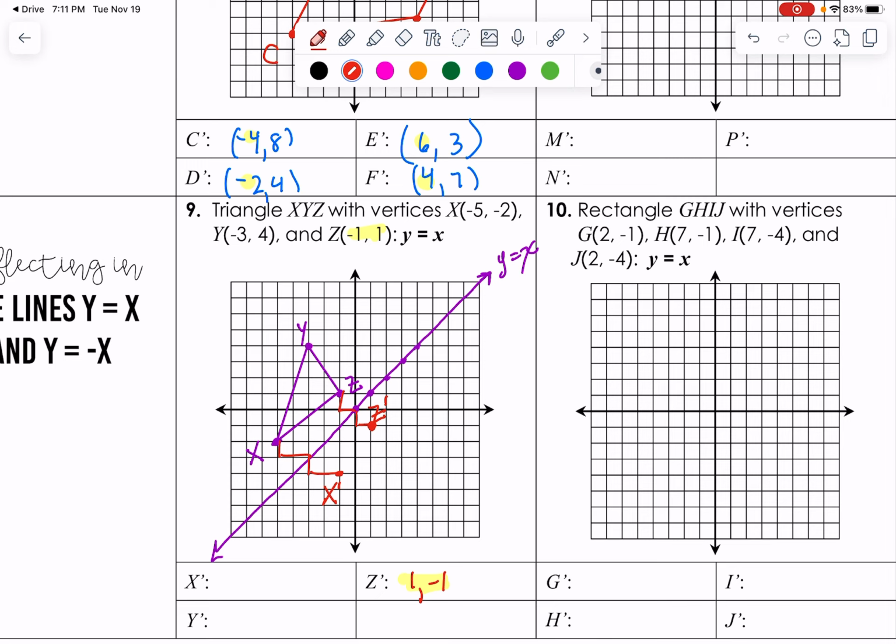Did I not go down far enough? One, 2. How come it didn't go down enough? X should be -2, -5, because the coordinates flip. -2, 1, 2, 3, 4. Aha.